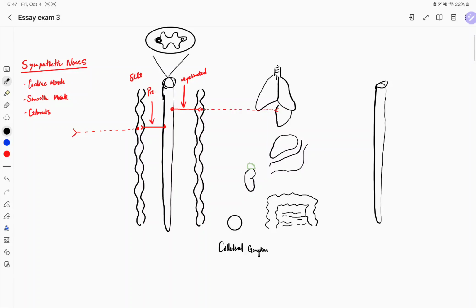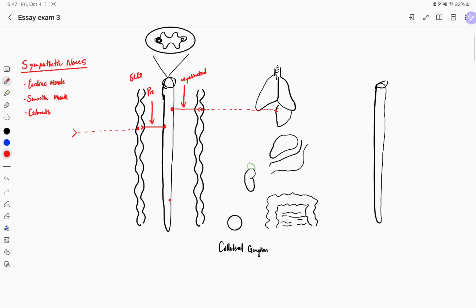And these collateral ganglia, like I said, are further away from the spinal cord. And I'm going to show that here with a cell body originating here.